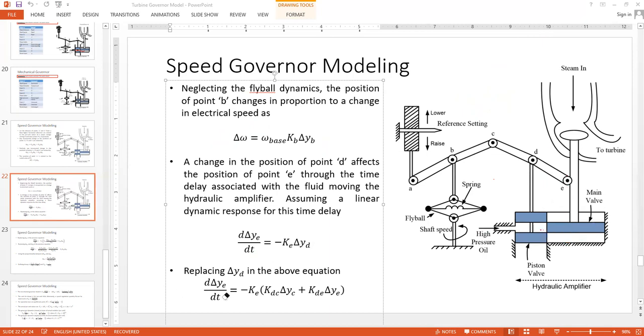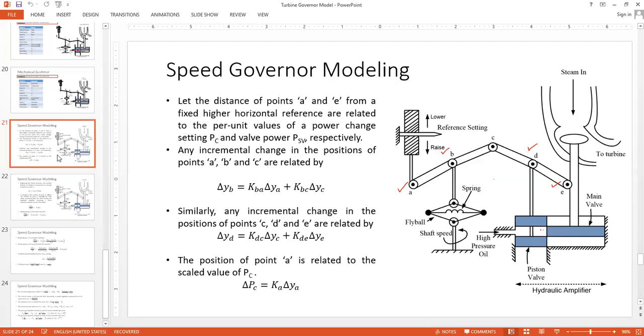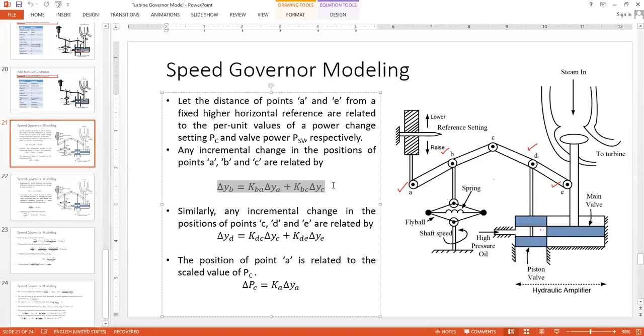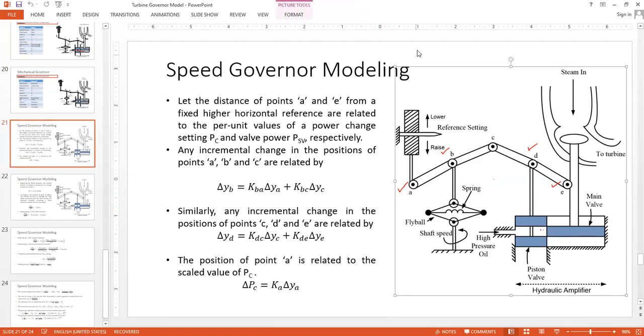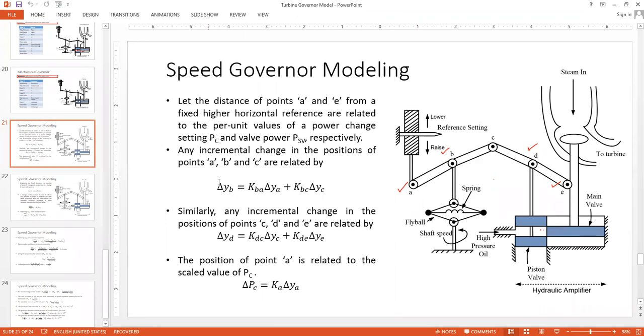Now we are almost done, because we have taken all the possible relationships available for del ya, del yb, del yd and del ye. Now we will replace them in the first two equations of our derivation. The first two equations were simply these two, del yb equals this. So slowly we will be replacing the expressions.